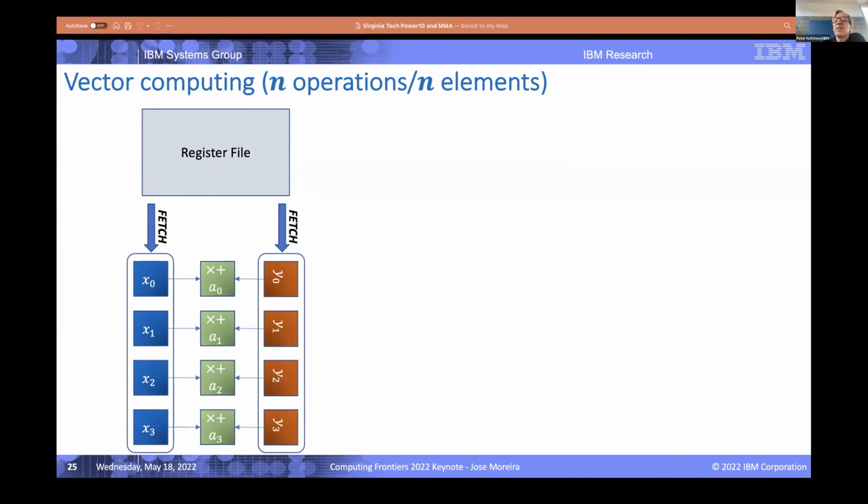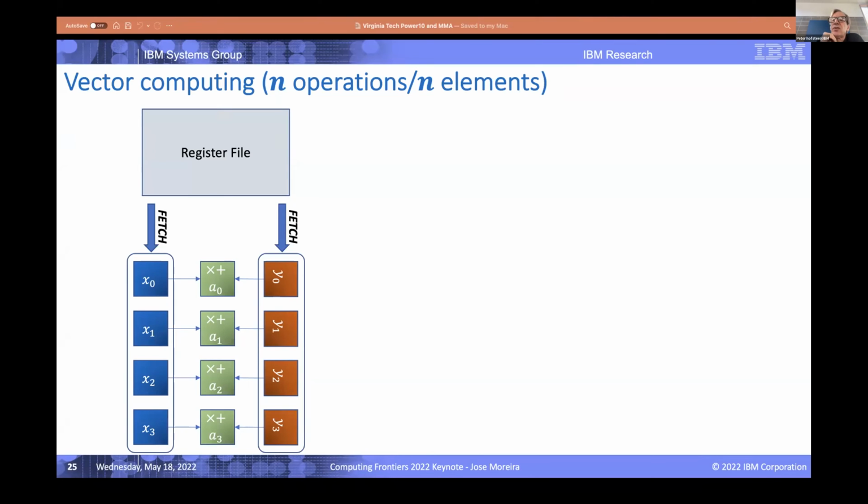With SIMD, you do something very similar, except that now we use vector registers, which in the Power architecture are typically 128 bits wide. So if these were single precision floating point numbers, then you could have 4 of them in a SIMD register, and instead of doing an a equals ax plus y operation on one of these elements, you do it on 4 elements at a time.